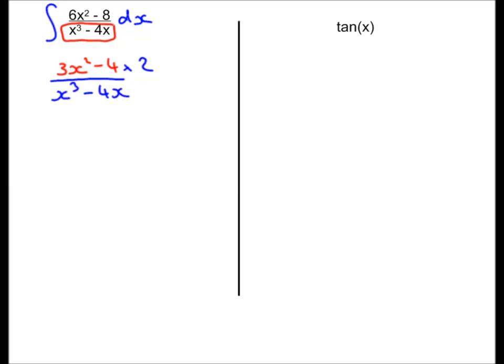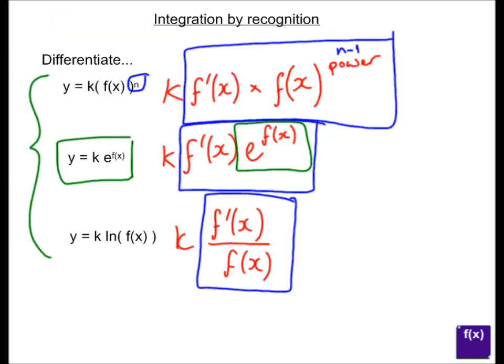So we can see straight away that this is a case of my f of x on the bottom of my fraction, I've got f dash x on the top of my fraction, and I'm multiplying by a constant. So going back to our first slide, we have this situation here, our third situation.